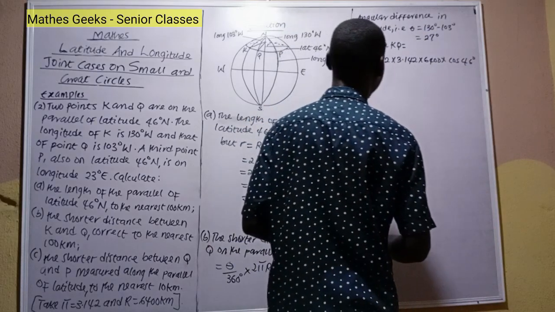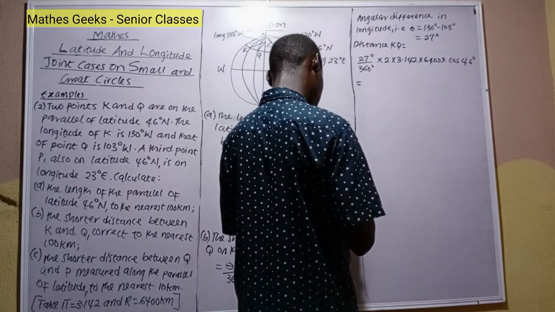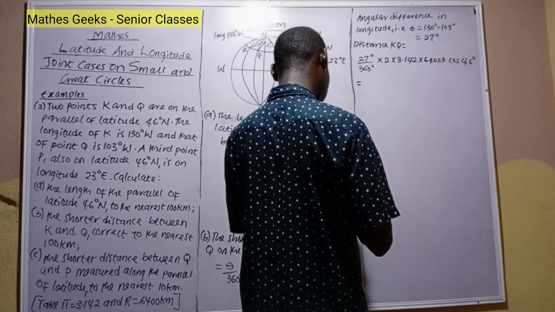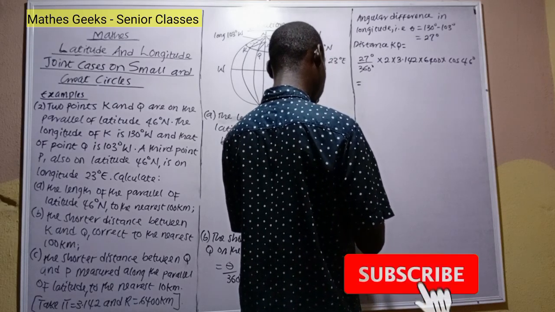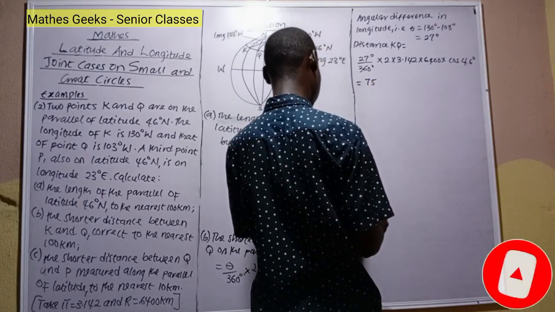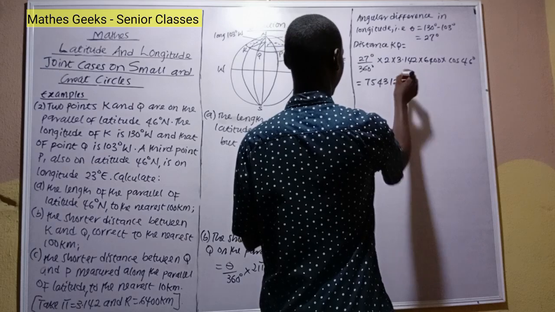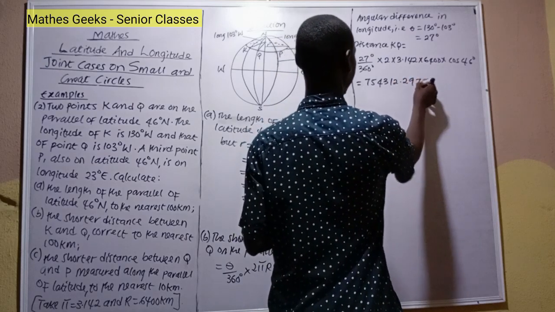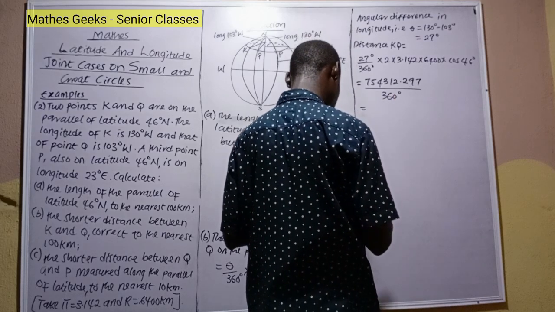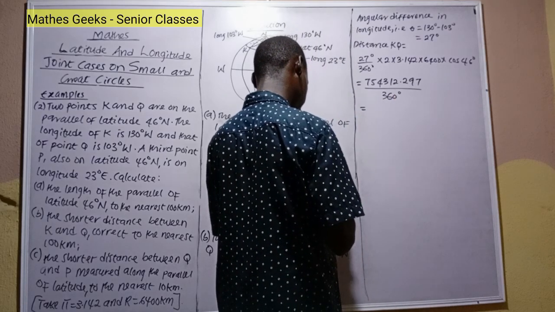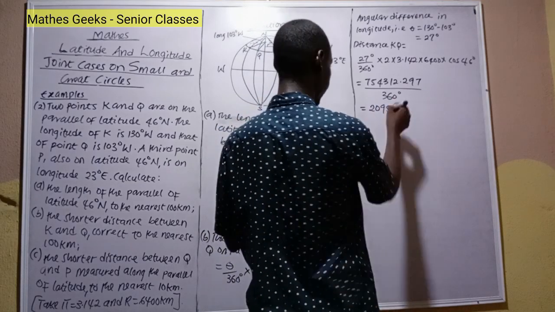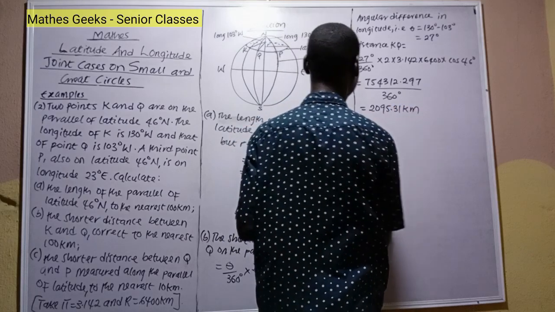So 27 times 2 times 3.142 times 6,400 times cos 46, divided by 360 degrees, gives 2095.31 kilometers.